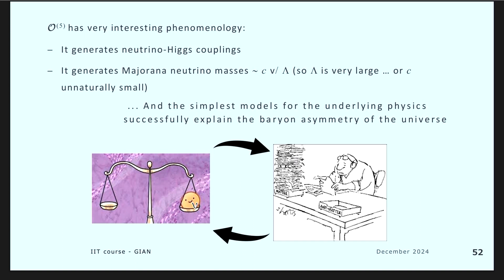Oh, yeah. So, okay, that is yet another course. This operator is a low energy operator. There are many models. The simplest model involves heavy right-handed neutrinos, and in no way does that type of new physics talk to the quarks and baryons.